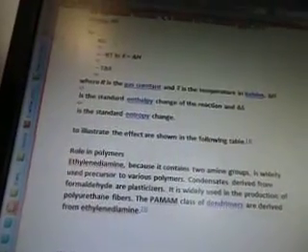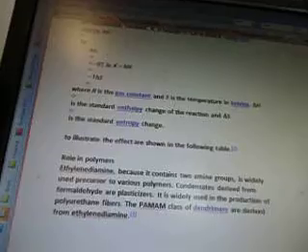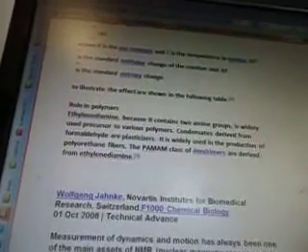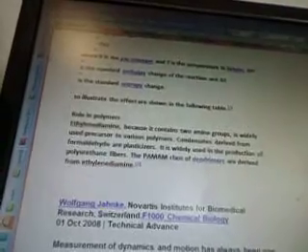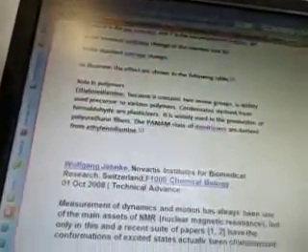R is the gas constant. T is the temperature in kelvins. H is the standard enthalpy change of the reaction. And S is the standard entropy change. To illustrate, the effect is shown in the following table. Role in polymers. Ethylenediamine, because it contains two amine groups, is a widely used precursor to various polymers. Of course polymers come up in several videos, so you have to do a cross-reference there.